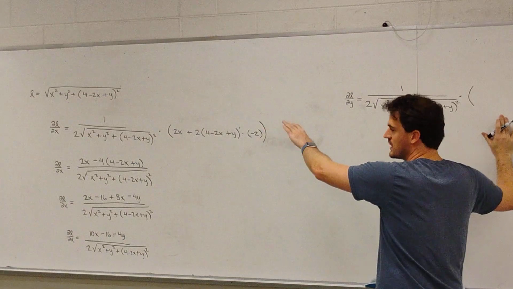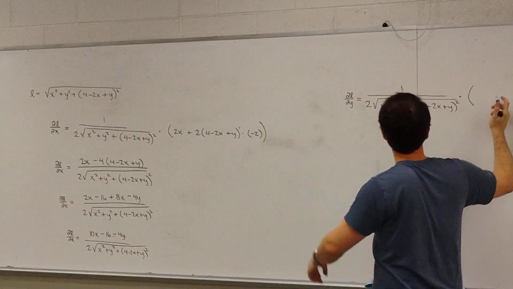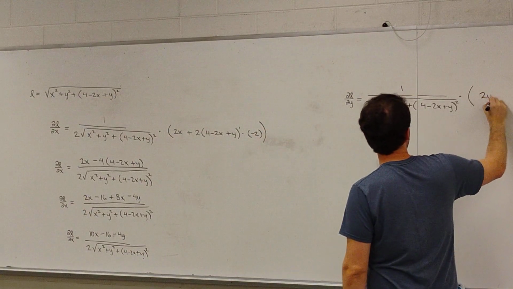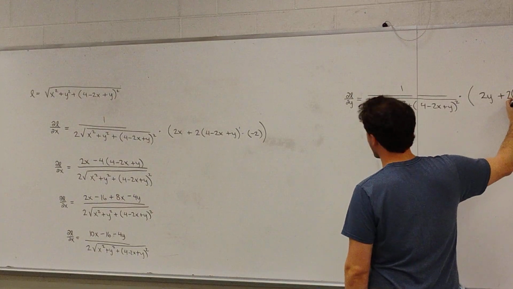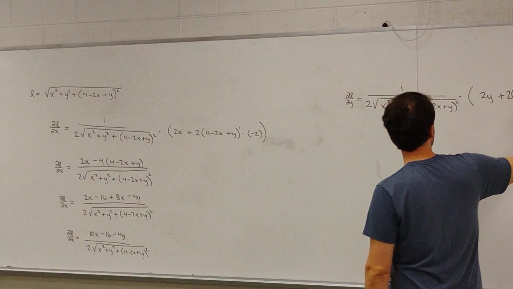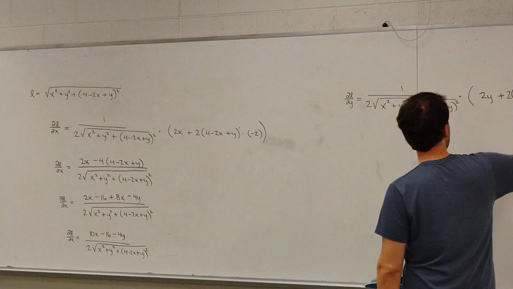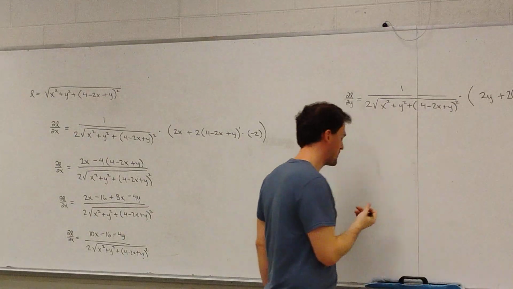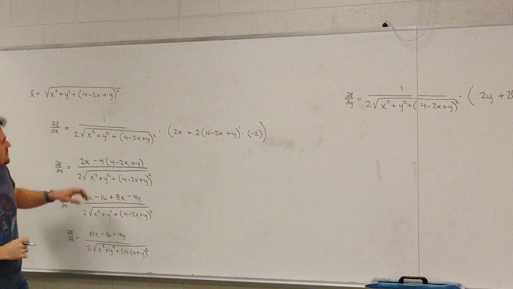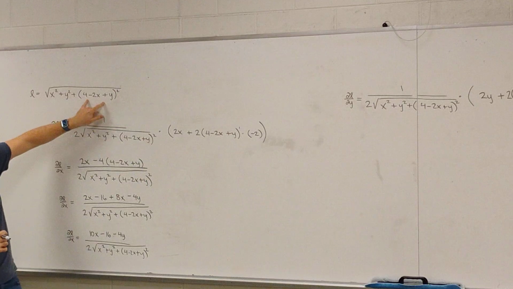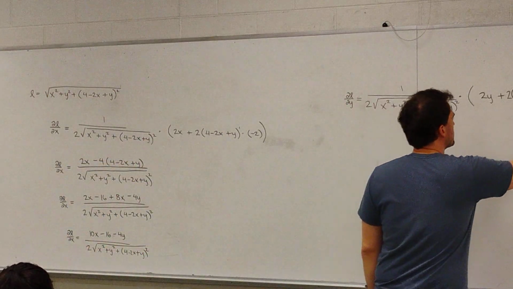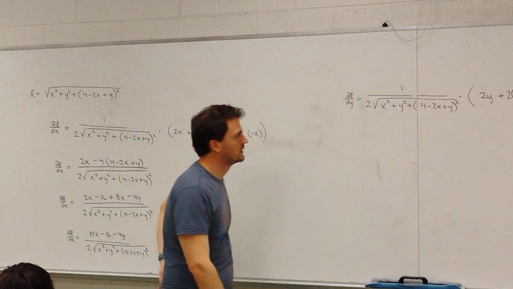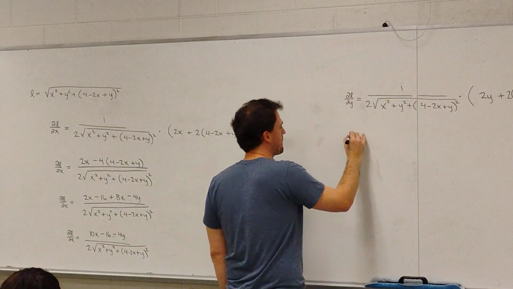Derivative of x squared, now with respect to y, is just 0. Derivative of y squared is 2y. Drag the power down, keep the inside the same, subtract 1 from the power, times what is the derivative of the inside? 1. So I'm actually a lot better off on this one. Just going to clean it up.